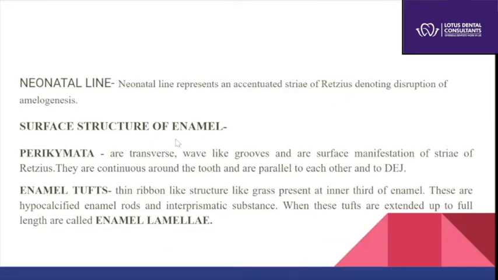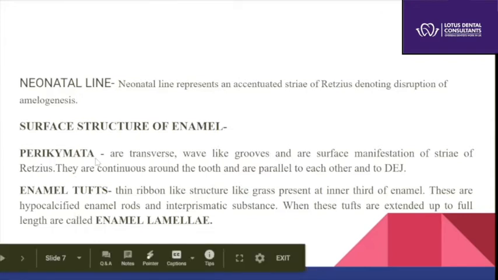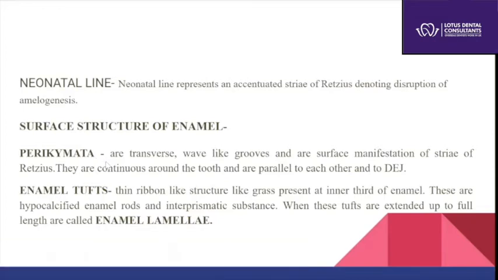Clear? These were the structures which are present inside the enamel, Aisha. Now we will discuss the surface structures of the enamel. The most important, I have laid them down here. These are the perikymata. Perikymata are the transverse wave-like grooves and are the surface manifestation of striae of ridges.